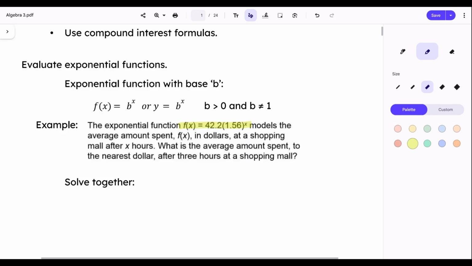And that's going to create some situations where an amount is growing or decreasing very, very quickly. For example, biologists or chemists who are looking at bacteria in a petri dish might be looking to see how quickly it's growing.